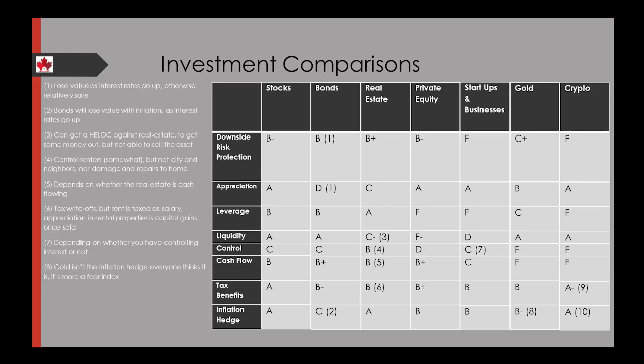You basically are a price taker and you get whatever somebody's willing to pay for it. No cash flow. There are exchange traded funds that use option strategies because of the volatility of crypto to make cash flow happen, but crypto itself definitely doesn't have any cash flow.